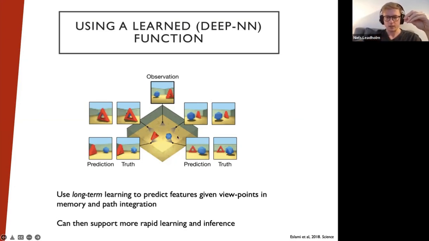It could learn to do this using a deep neural network. So it developed a representation that was both invariant to particular orientations and able to process the orientation to give a particular viewpoint. The thought is to learn a long-term function that approximates, given a few local viewpoints, what you would see at an unknown point, and that this can then be used in conjunction with temporal memory principles.